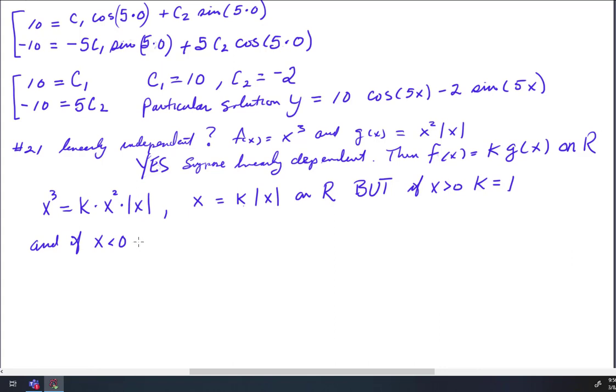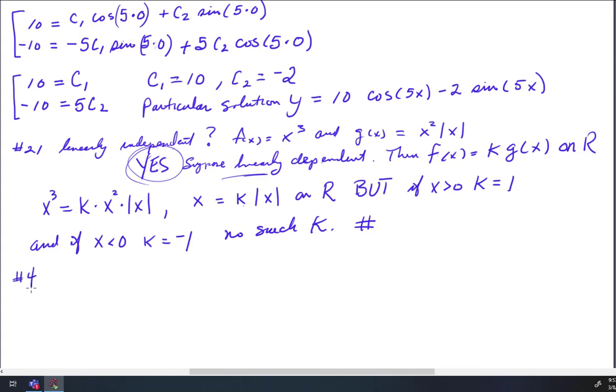So if x is less than 0, then k would have to be negative 1. But there is no such k. So sometimes we use that symbol for a contradiction, and when you reach a contradiction with your supposition, then we're going to conclude that this supposition was wrong. They're not linearly dependent, they have to be linearly independent, so we'll stand by our answer yes. So that was an easy one.